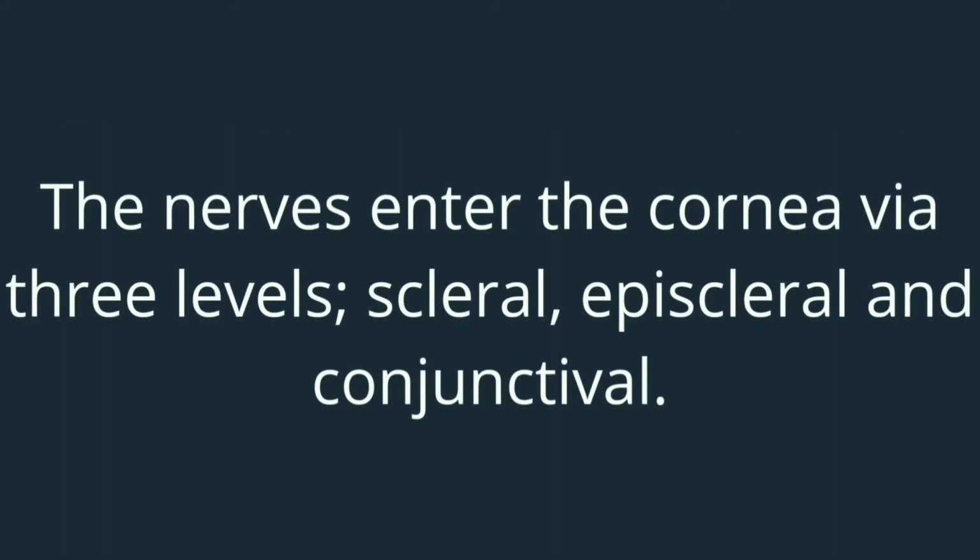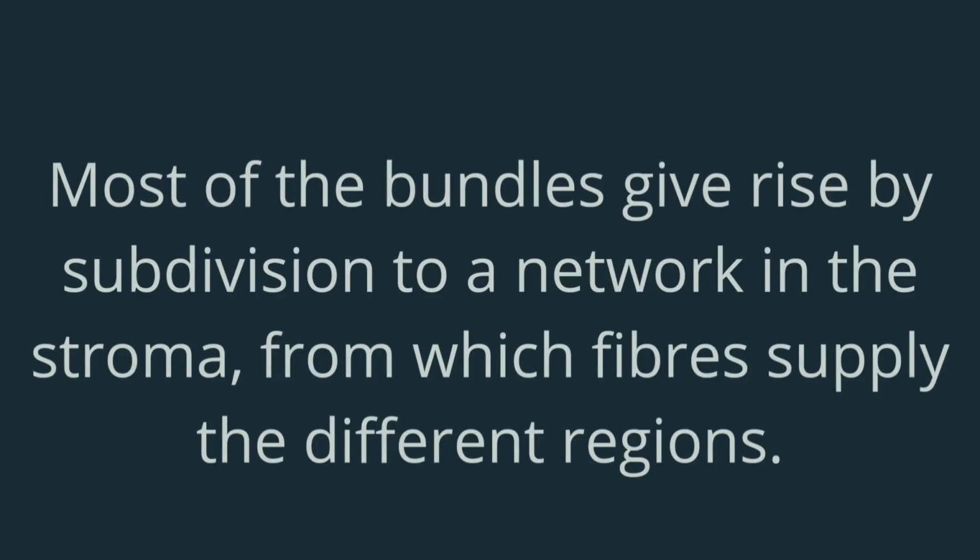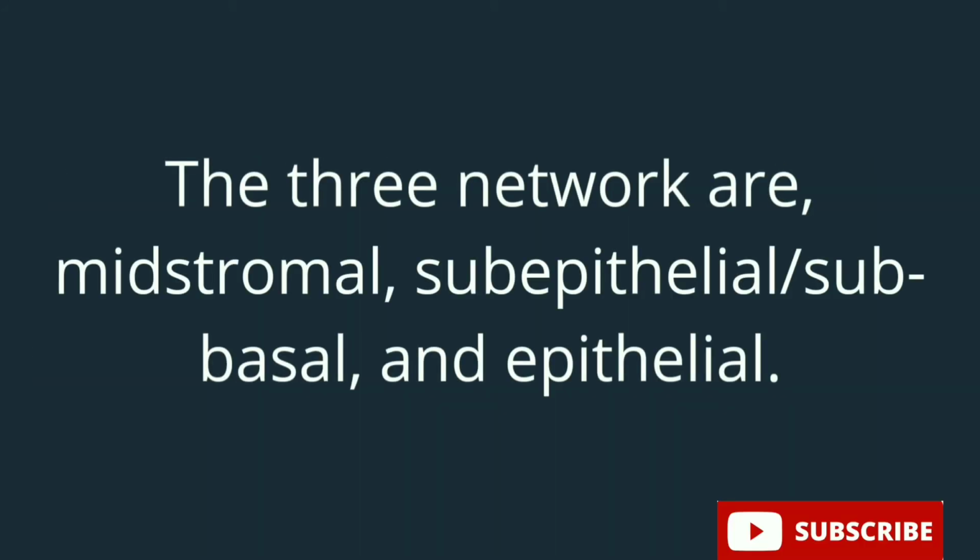The nerves enter the cornea via 3 levels: scleral, episcleral, and conjunctival. Most of the bundles give rise by subdivision to a network in the stroma, from which fibers supply the different regions. The 3 networks are midstromal, subepithelial or basal, and subbasal or epithelial.